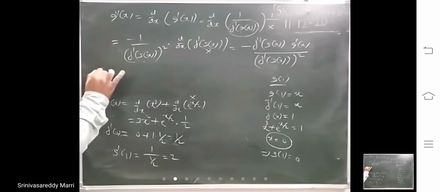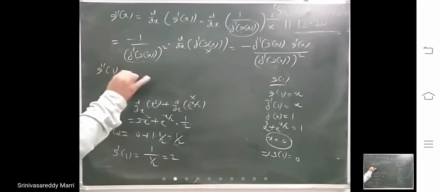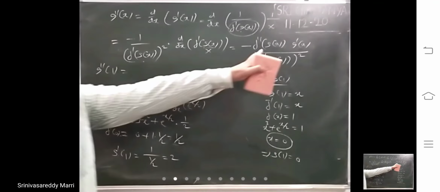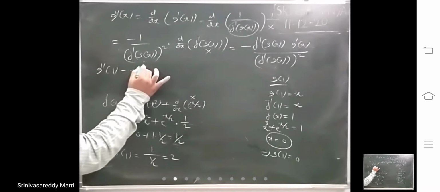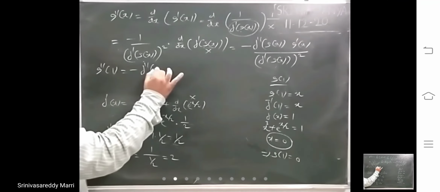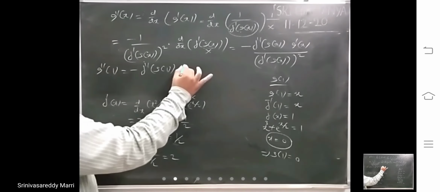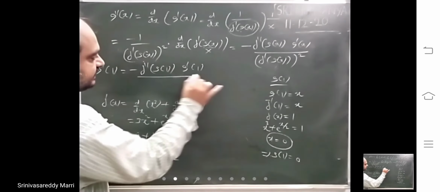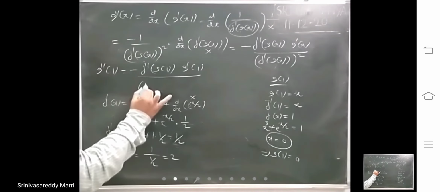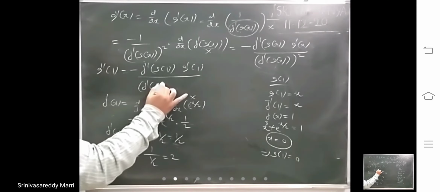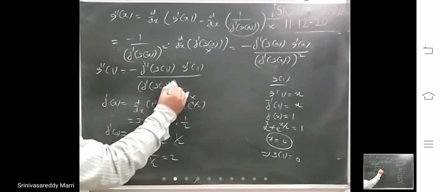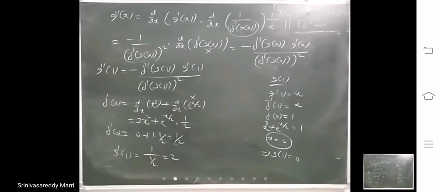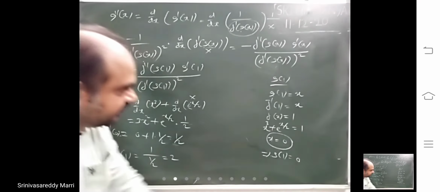g double dash 1. Take x equal to 1. If you substitute x equal to 1, we get minus f double dash g of 1 into g dash 1, divided by f dash g of 1 whole square. g of 1, you know what it is? 0.